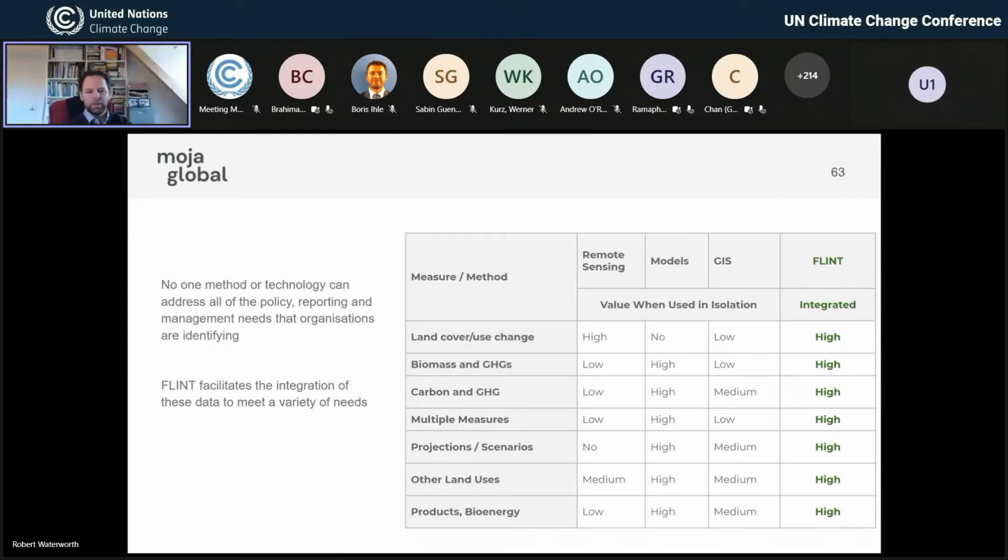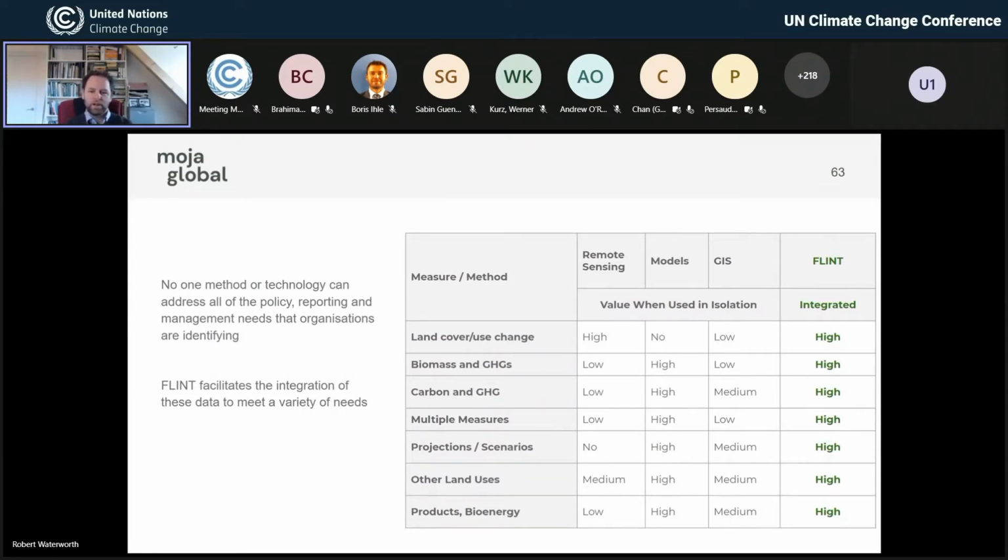So what we've attempted to do here is note where the strengths and weaknesses of those three approaches are. So if you're looking for land cover or land use change, the remote sensing is very useful. Models less so, although you could put in low here if you're looking for models of predicted where deforestation, for example, may occur. So that could be low these days, but GIS systems would also be low.